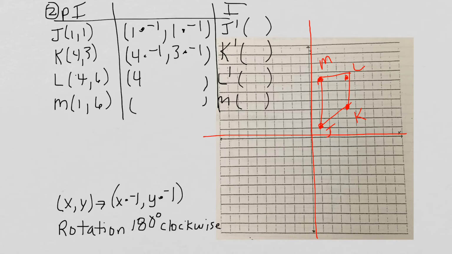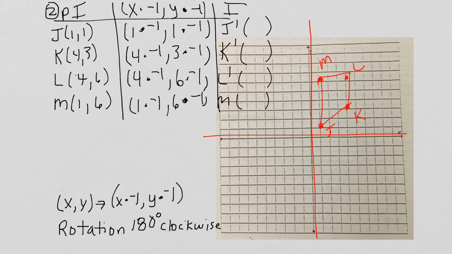Then we're going to do 4 times -1, comma, 6 times -1, and 1 times -1, comma, and 6 times -1. Our algebraic expression is going to be x times -1, comma, y times -1.